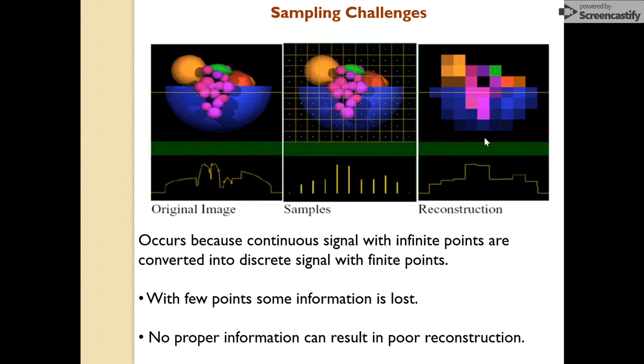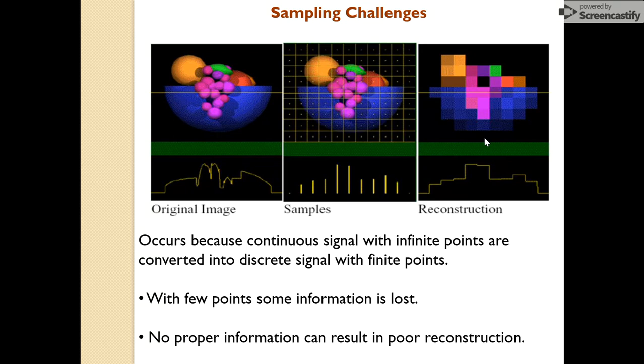Coming to the challenges of sampling, there are various challenges. While we perform sampling, challenges occur because we convert an analog signal into a digital one, and it may be possible that we are not able to get the required number of samples. Because that information may get lost, our original image can get distorted.